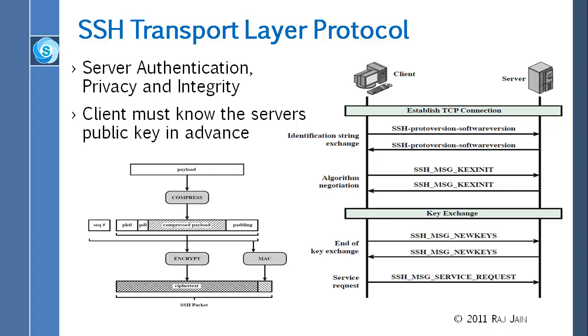The interesting thing is that the sequence number is added and MAC'd, in the sense that when you calculate the MAC, the sequence number has to be added, but it is not sent. So it is not encrypted. The only things you encrypt are packet length, padding, etc. You encrypt that much, and you add the MAC, and the MAC is outside the encryption. So it is encrypt and MAC.